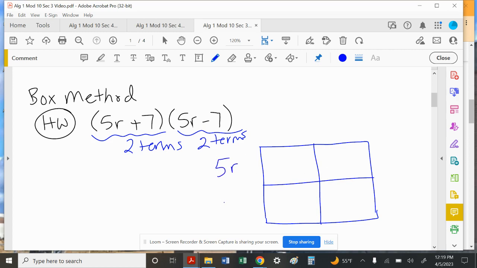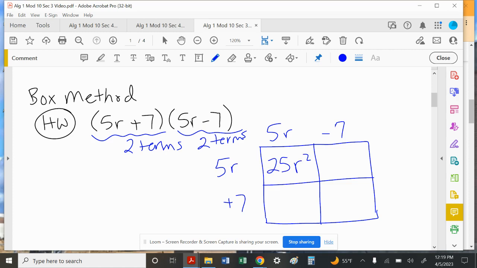So we have 5r plus 7 and 5r minus 7. We're then going to multiply. Notice here this column and this row intersect right here. So we have 5r times 5r. 5 times 5 is 25. R times R is R squared because we add the powers.